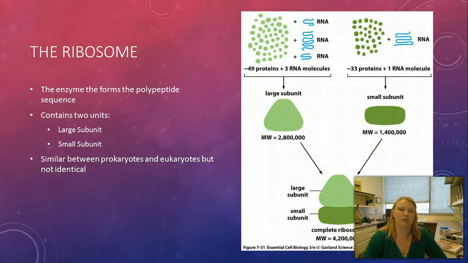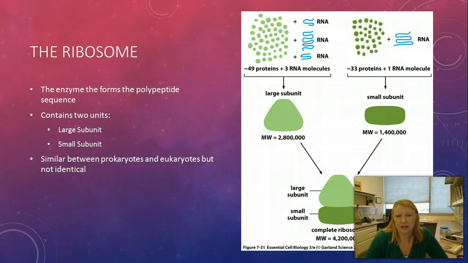It is composed of 2 parts, the large subunit and the small subunit. And both of these have RNA and proteins in them. These come together to form almost a sandwich. They look like one of those little guys from Super Mario Brothers. And they will sit on the mRNA to read it and provide the catalytic sites for the tRNAs to come into.